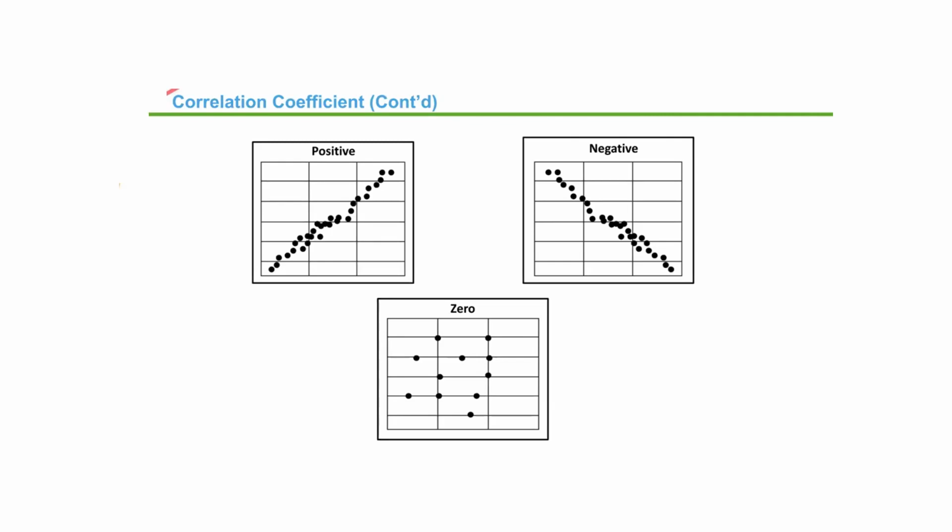For a negative correlation, as the x-axis is increasing, the y-axis is decreasing. That is referred to as a negative correlation. If the two variables are not dependent on each other, they are random, irrespective of their values, then that is referred to as a zero correlation or a neutral correlation. What is an example? We'll try to understand.